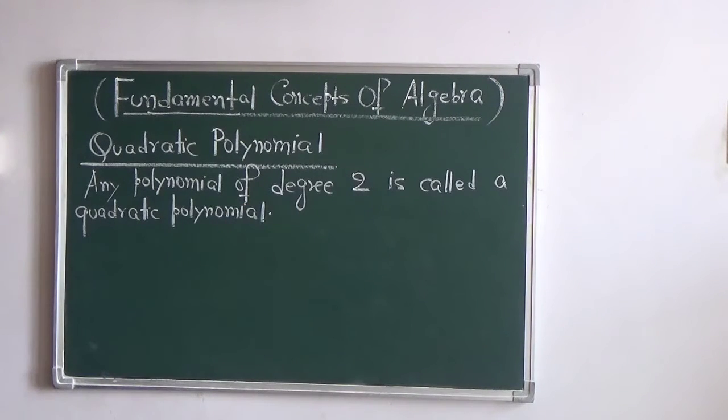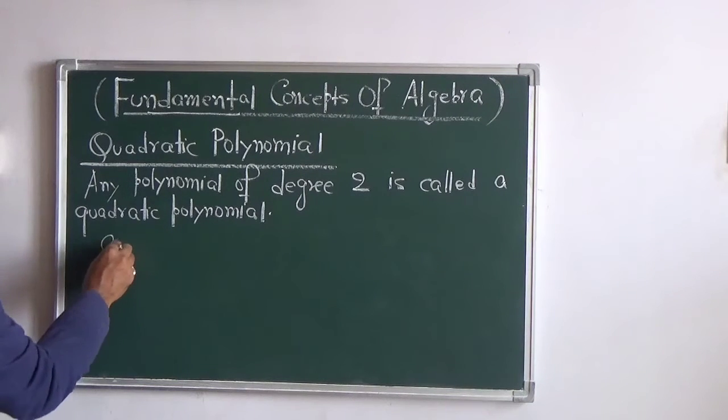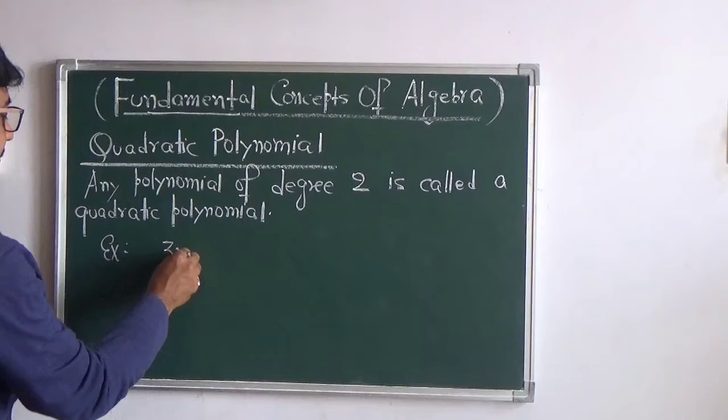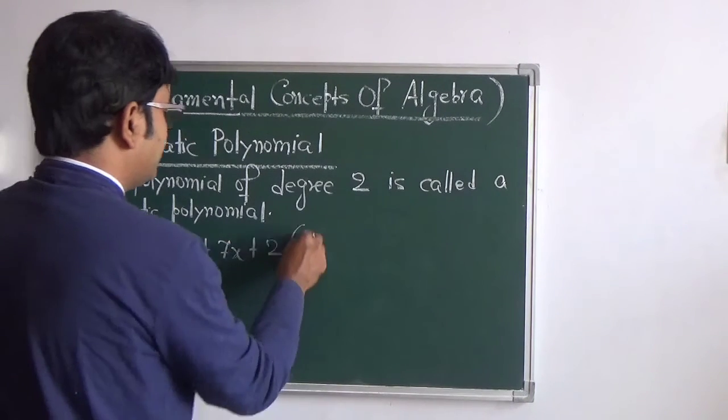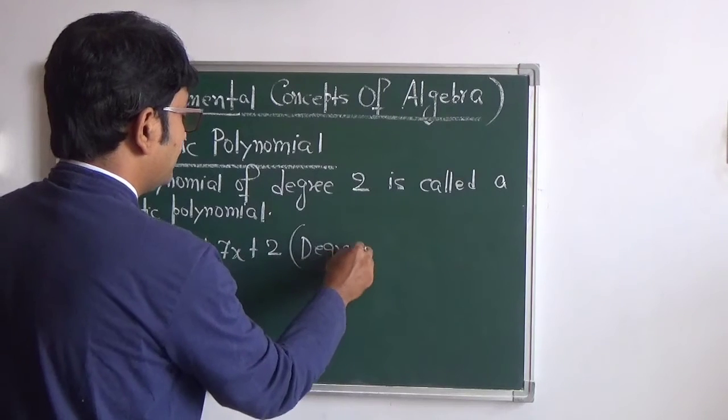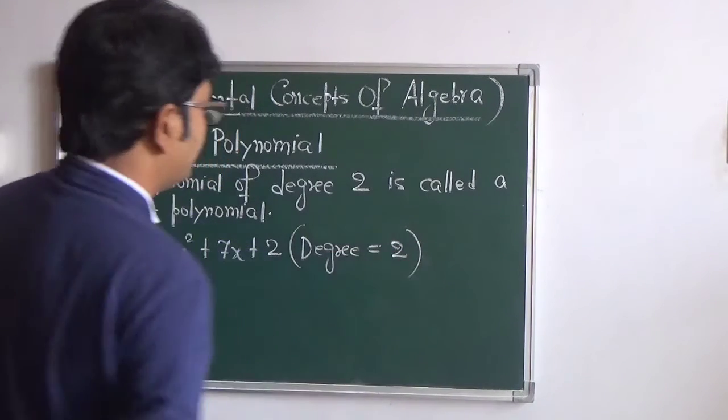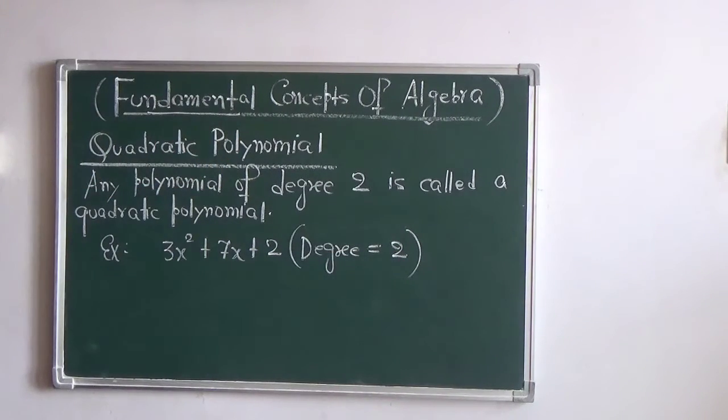So any polynomial of degree 2 is called a quadratic polynomial. We can take an example 3x square plus 7x plus 2. So the degree is equal to 2. So whenever you find a polynomial whose degree is 2, it is called a quadratic polynomial.